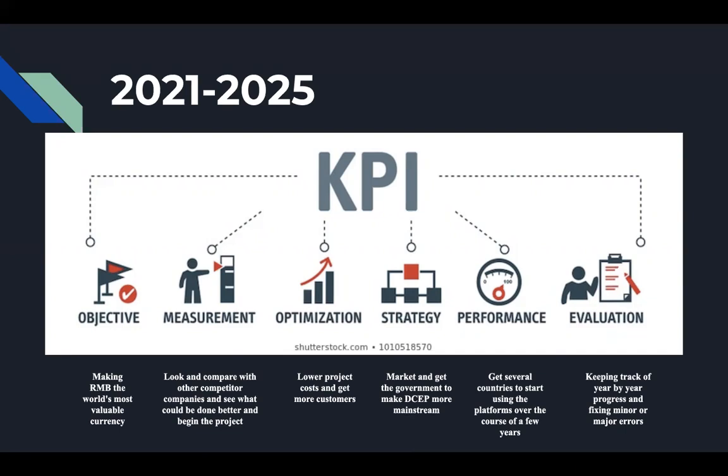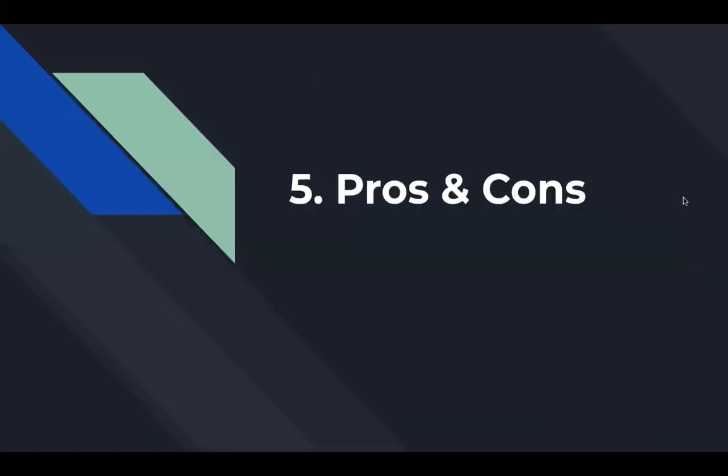Our strategy is to get the market and the government to make DCEP more mainstream. Our performance goal is to get several countries to start using the platform over the course of a few years. And the last point is evaluation: keeping track of year-by-year progress and fixing minor and major errors.